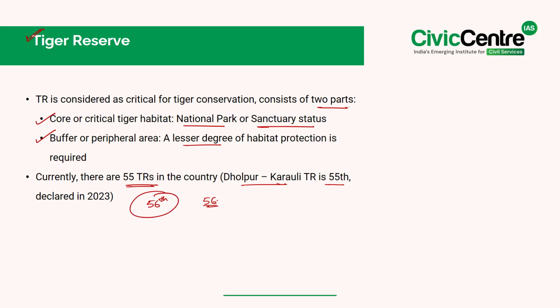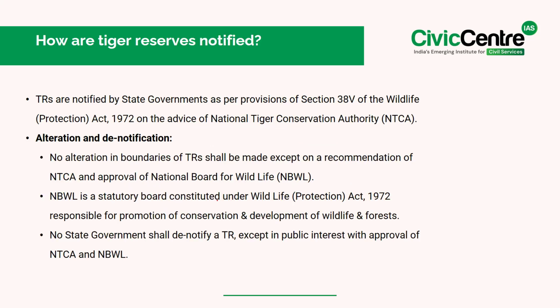Then, how are the tiger reserves notified? See, the tiger reserves are notified by the state governments as per the provisions of Section 38V of the Wildlife Protection Act of 1972 on the advice of the National Tiger Conservation Authority. Then, with respect to alteration and denotification, firstly, no alteration in boundaries of the tiger reserve shall be made except on a recommendation of the National Tiger Conservation Authority and the approval of the National Board for Wildlife, in short called the NBWL.